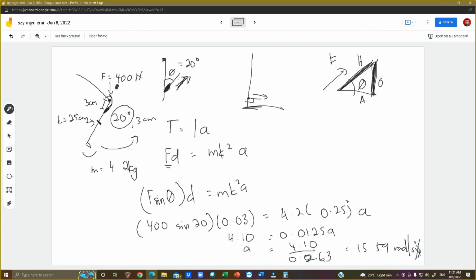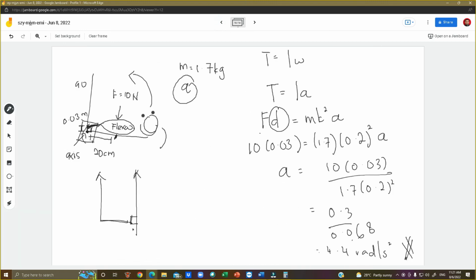So by having 400 Newton pulling the leg, it will cause a torque to occur and this leg is going to accelerate angularly at 15.59 radian per second square. Jadi dua case ni berbeza dekat angle of attack je. If the angle of attack is parallel, is straight, you don't need to include sin because the force being delivered straight.